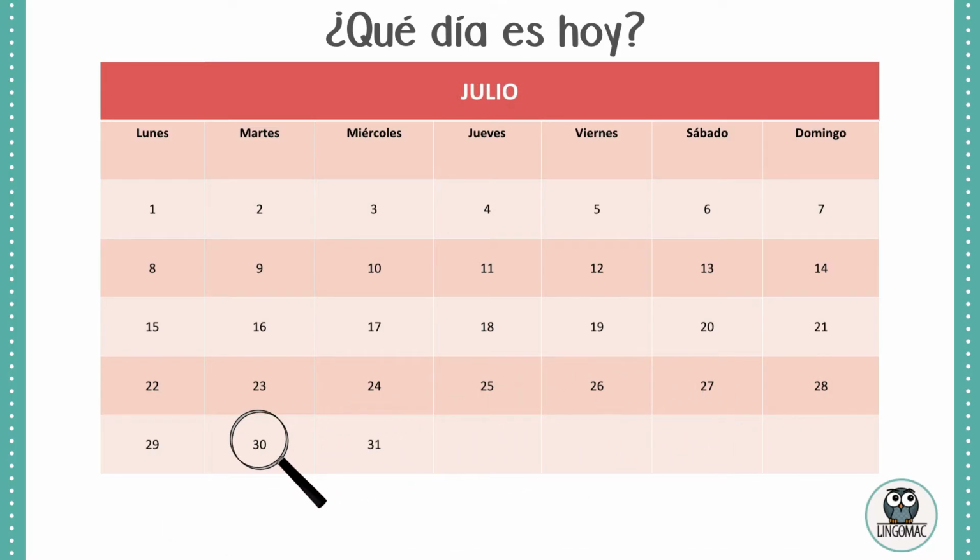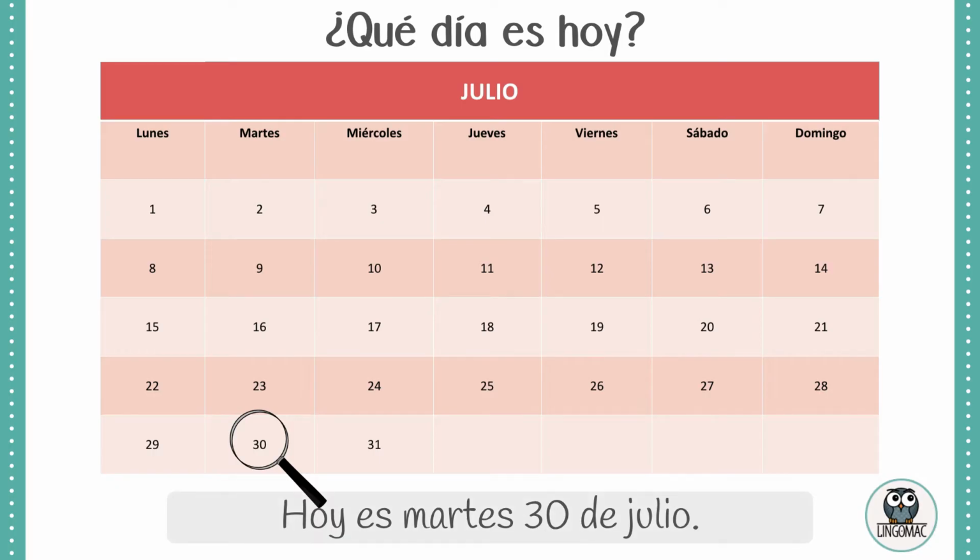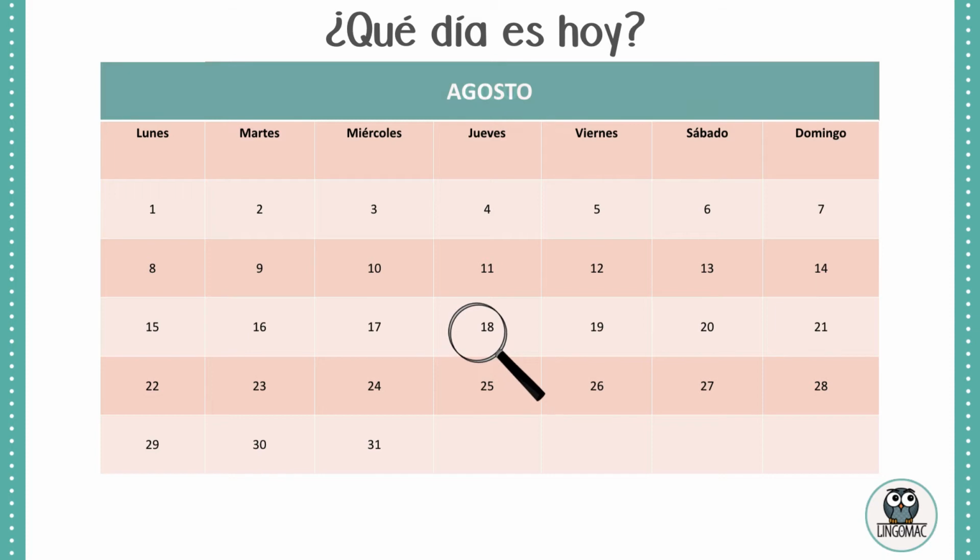¿Qué día es hoy? Hoy es martes 30 de julio. Next. ¿Qué día es hoy?